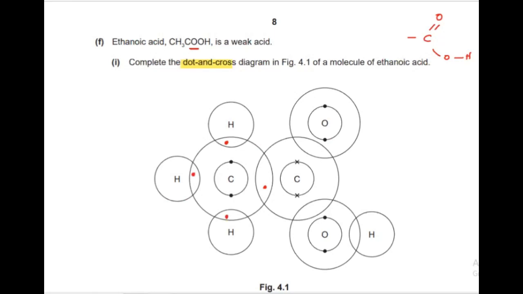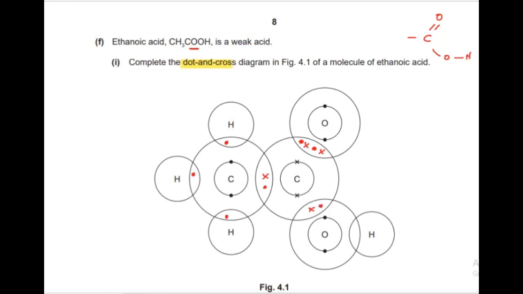Now, this carbon can make 4 covalent bonds. If it makes one bond with this carbon and one bond with this oxygen, then there are 2 electrons left. They can make a double covalent bond with this oxygen. Now, there is a single covalent bond between carbon and oxygen, so you can draw a single covalent bond.